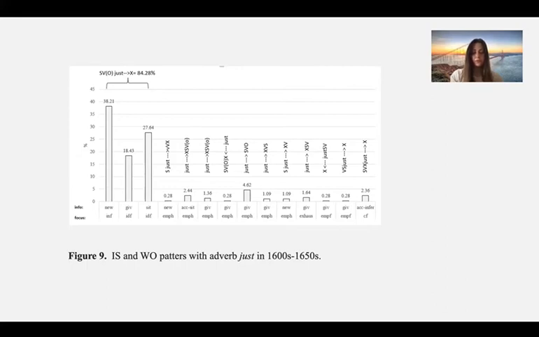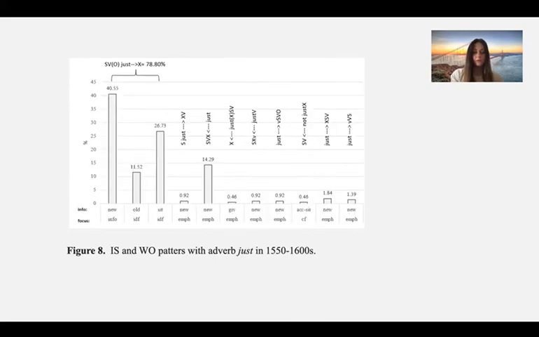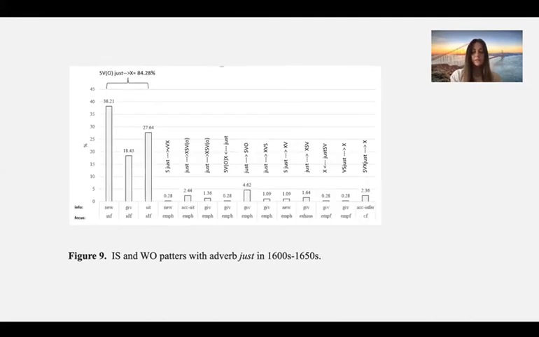The ratio of clauses where the element marked by just renders emphatic focus significantly arises for both 1550s, 1600s, and 1600s, 1650s timeframes, with just predominantly occupying the first position in the sentence, causing inverted word order.